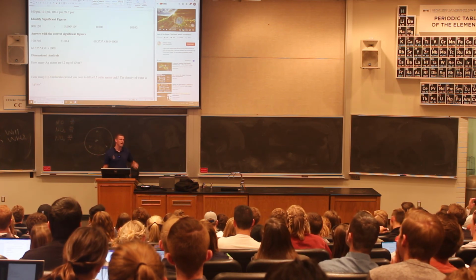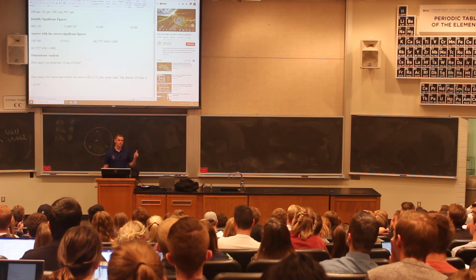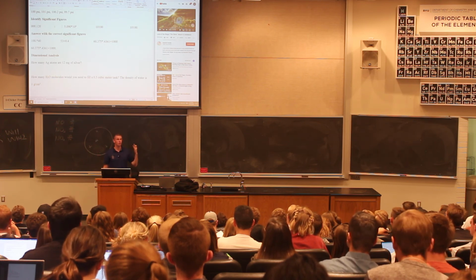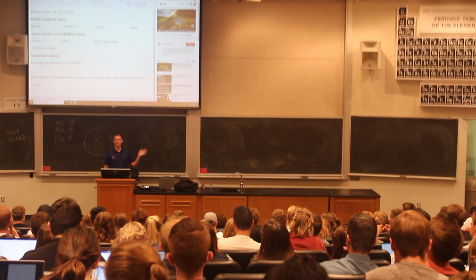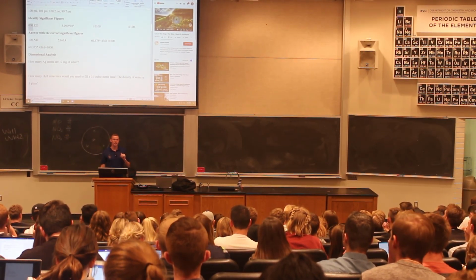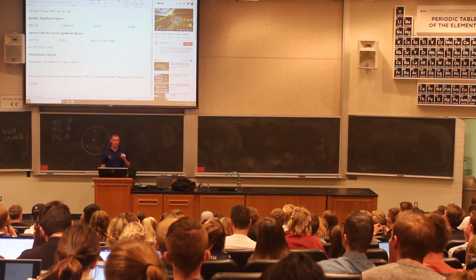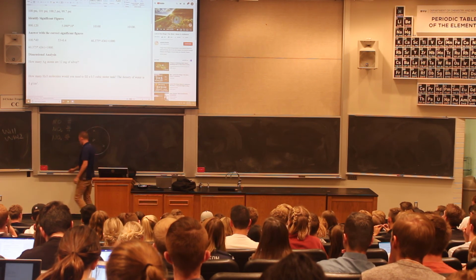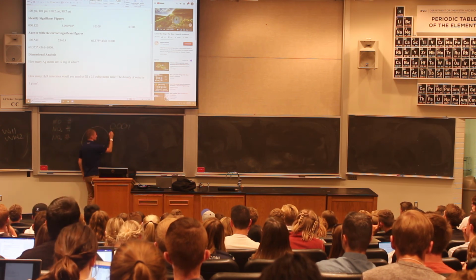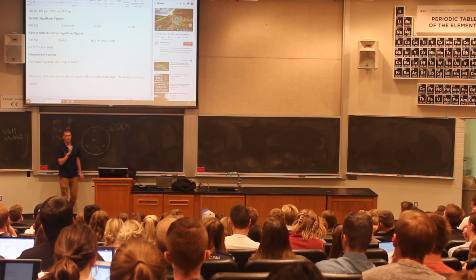So you have leading zeros and trailing zeros. When do leading zeros matter? Leading zeros never matter, ever. And when I say leading, I don't mean leading the decimal, I mean leading the number. The first non-zero number. So these don't matter, ever.